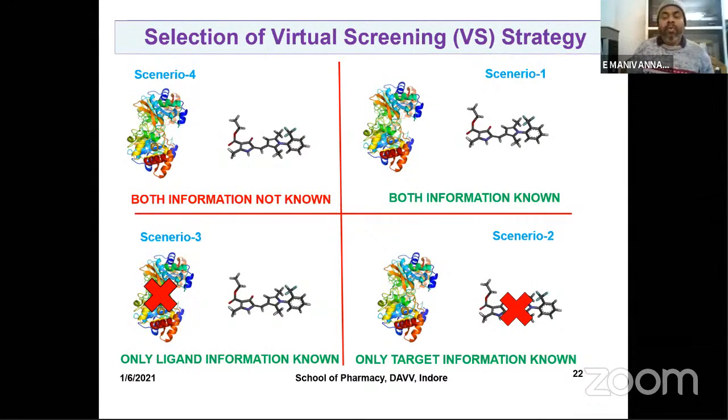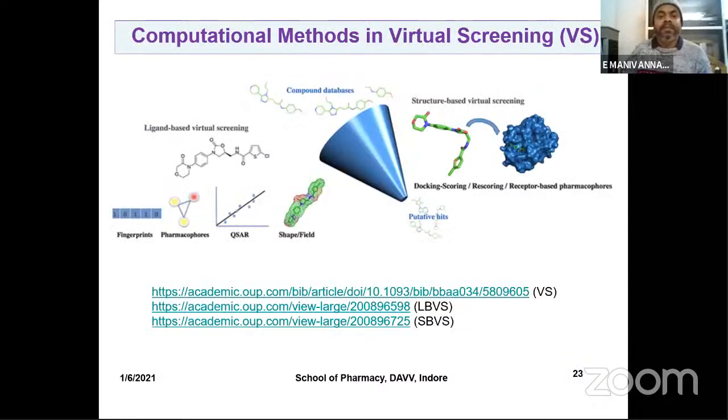In scenario 2, where you know only the target structure information, you can use only one approach, that is target structure-based virtual screening. In scenario 3, you use only the ligand-based virtual screening approach. In scenario 4, you construct homology models and then screen for identification of novel bioactive molecules. So this is selection of virtual screening strategies.